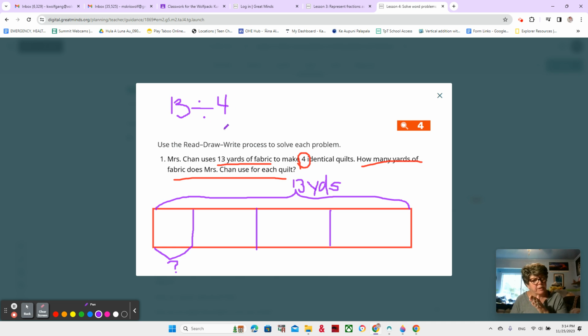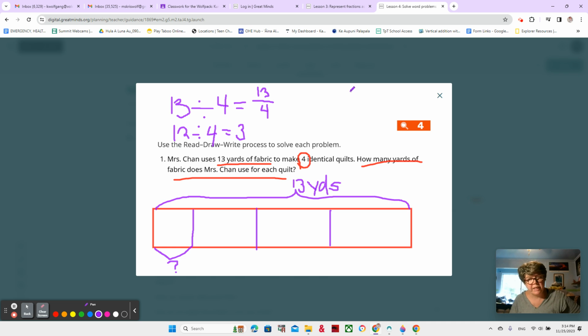There isn't a 4 times something that equals 13, but there's something close by, and that would be 12, right? If you look at your 4 times tables, you see that 4 times 3 is 12, and 12 divided by 4 is 3. So we're going to think between 3 and 4. It's going to be a little bit more than 3. And so 13 divided by 4 is a fraction, which is 13 fourths.